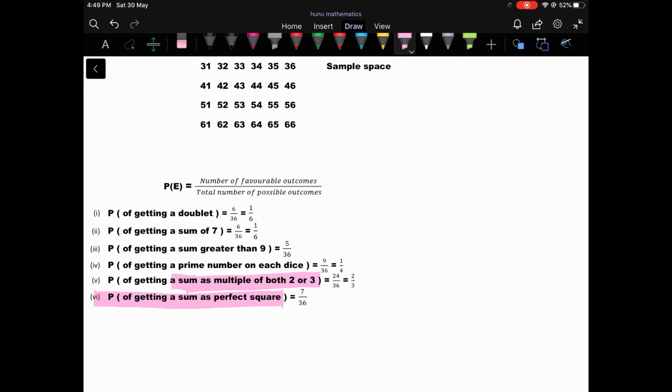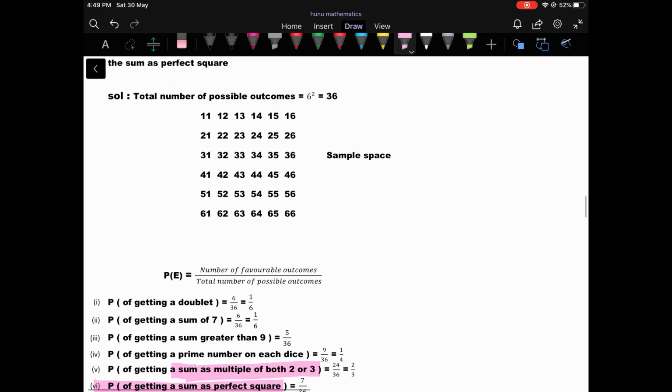The probability of getting a sum as a perfect square. As we know, the perfect squares are 1, 4, 9, 16, 25, and so on.